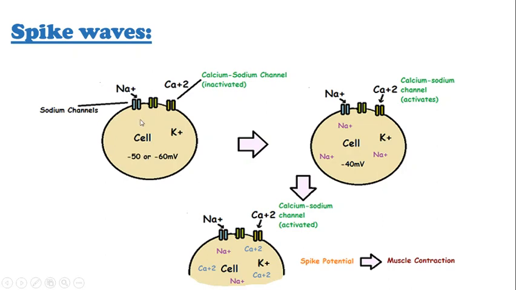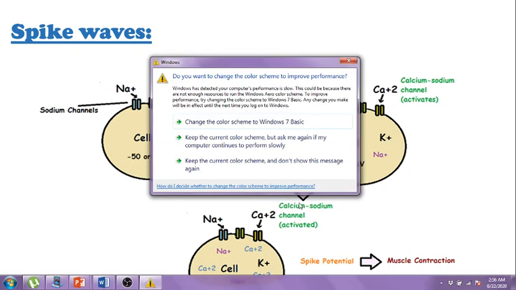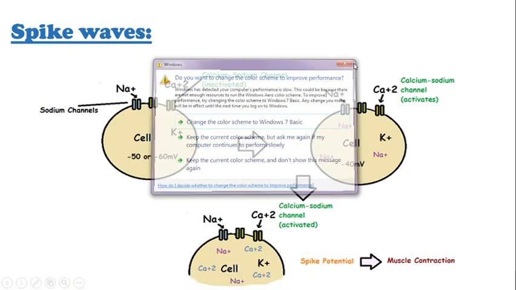These sodium ions slowly come into your cell, and when they change the resting membrane potential from -50 or -60 to -40, this is the time when these calcium sodium channels, which were inactivated before, get activated, and they cause the sudden influx of calcium and sodium ions, which is responsible for the action potential or spike potential, which leads to muscle contraction.